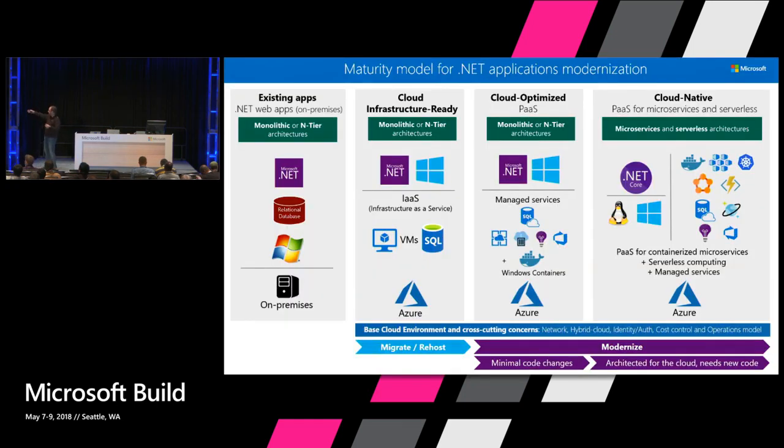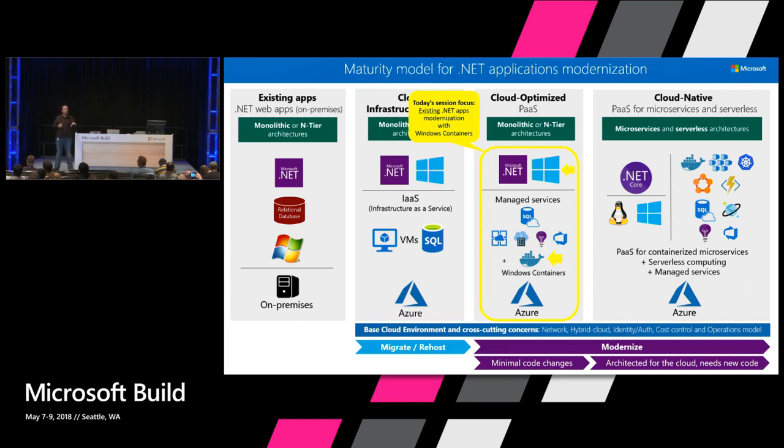Here you can see kind of the same maturity levels, but with different technologies. So if you just migrate with VMs, you're talking about just VMs in Azure, or SQL VMs as well, and so on. And in here, we are also talking about other products and technologies like Docker.